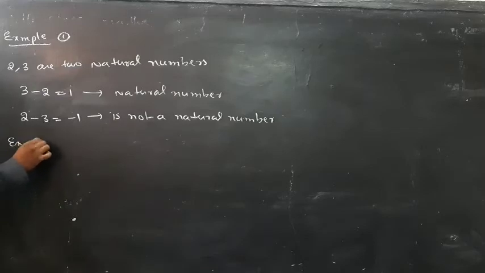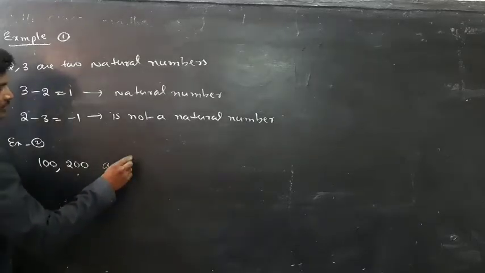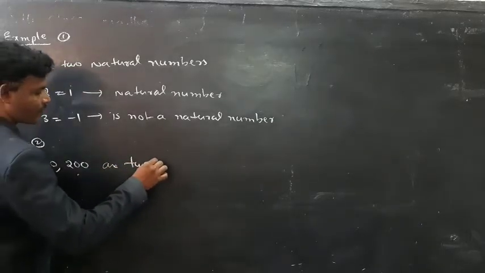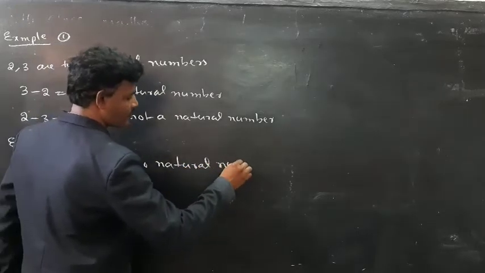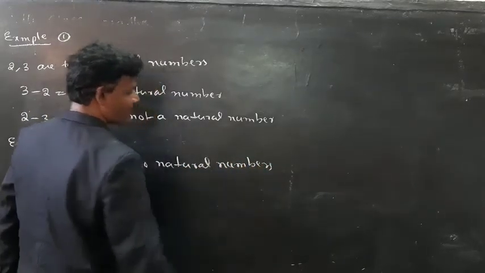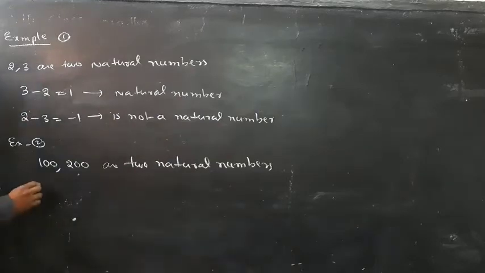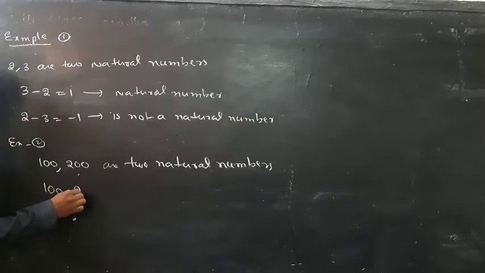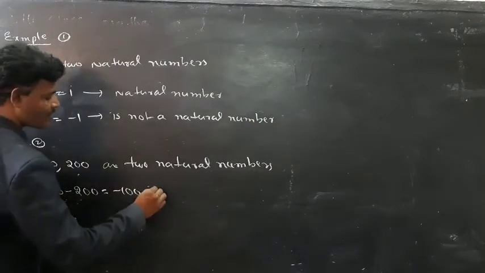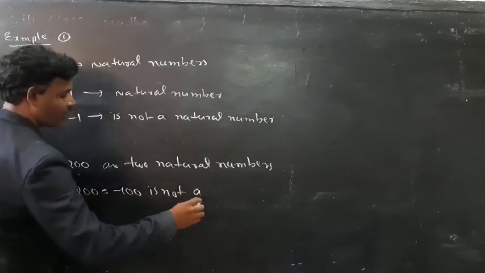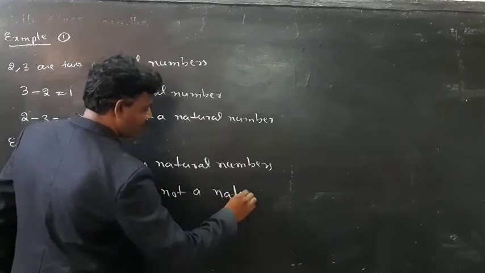Example 2. 100 comma 200 are two natural numbers. Then 100 minus 200 is equal to minus 100, not a natural number.